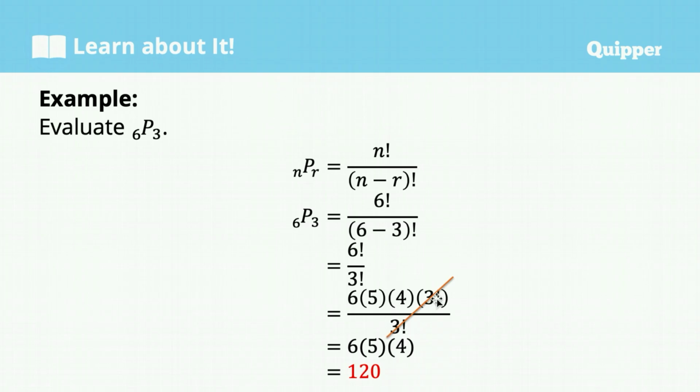We will end at 3 factorial also in our numerator so that we can cancel it out, because 3 factorial divided by 3 factorial is just 1. And take note, whatever number you multiply by 1, the answer is always the number itself. So it will not affect the result here. So just multiply 6 times 5 times 4, which is equal to 120. And that is the answer for the permutation of 6 taken 3.